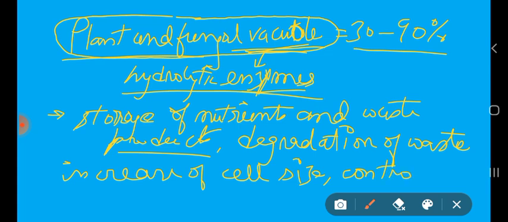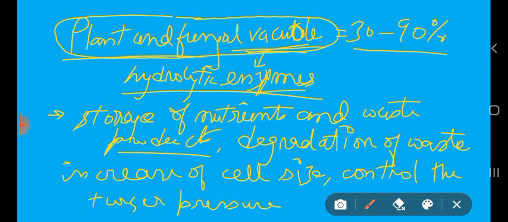They also maintain the turgor pressure. Different types of pressures are maintained by the cells to maintain the cell structure of plant cell. Turgor pressure is one of them, right?